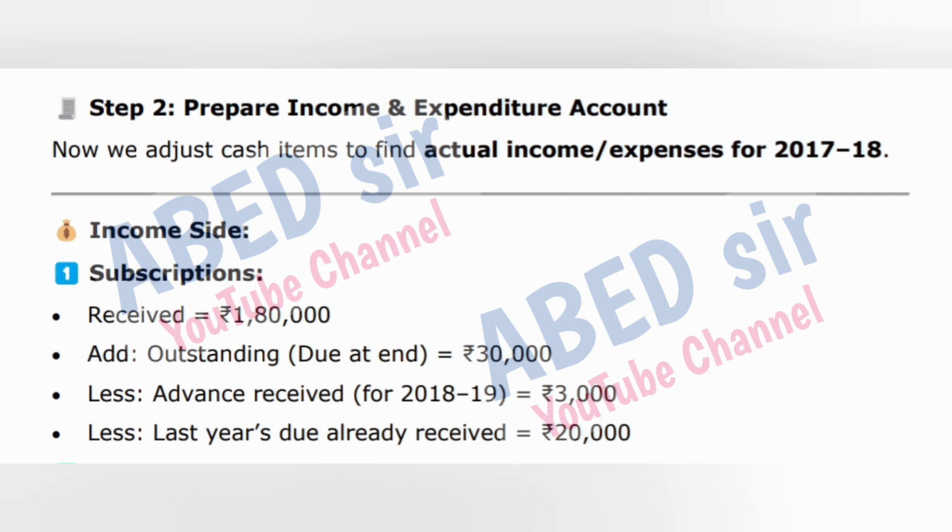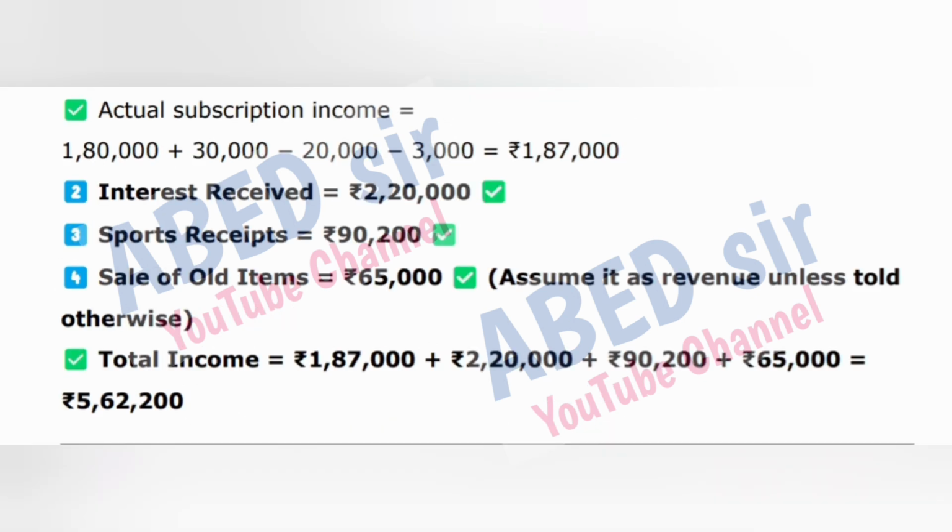Less advance received for 2018 to 19, 3,000 rupees. Less last year's due already received, 20,000 rupees. Actual subscription income is 1,80,000 plus 30,000 minus 20,000 minus 3,000, which is 1,87,000 rupees.